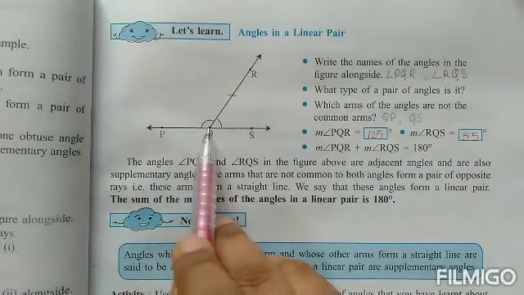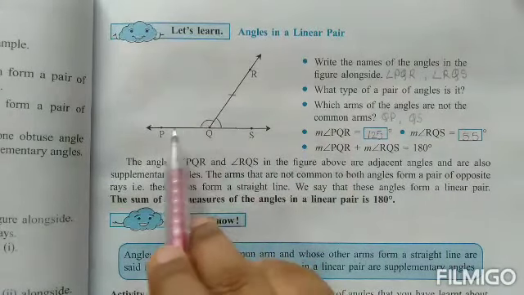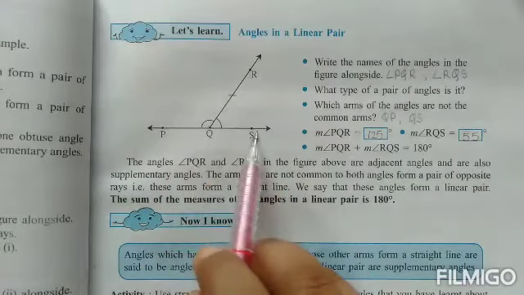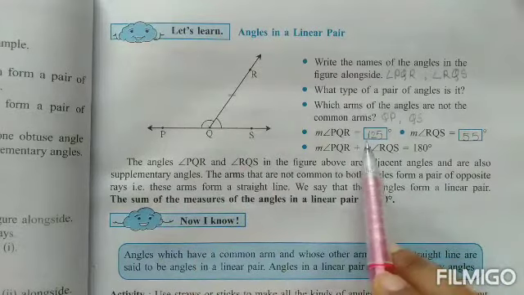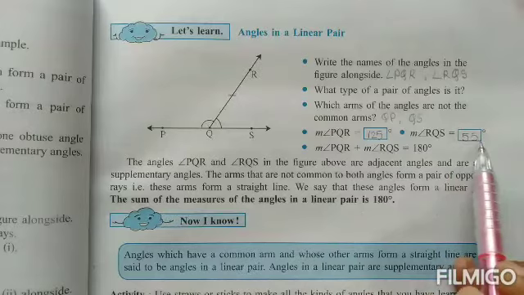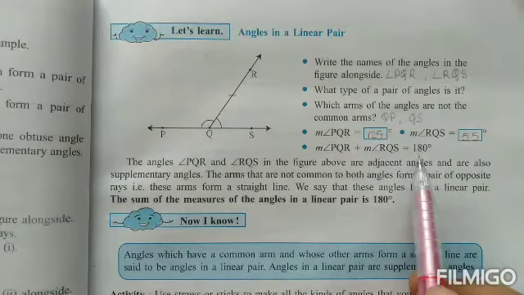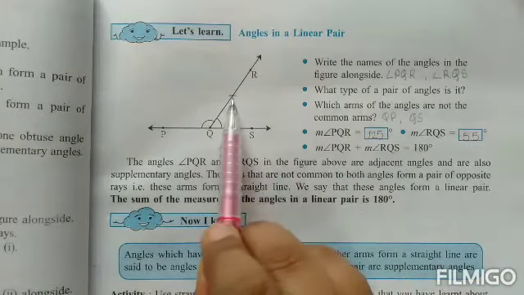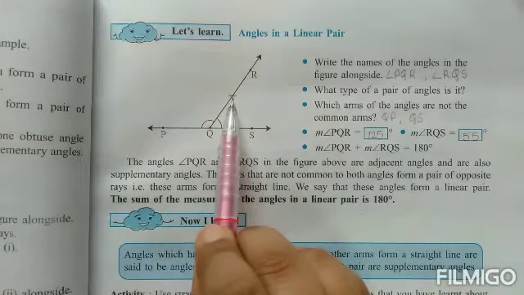With the help of a protractor, when you measure PQR and RQS, PQR is 125 and RQS is 55. The sum of these two angles is 180 degrees. It means they are adjacent as well as a supplementary pair of angles.